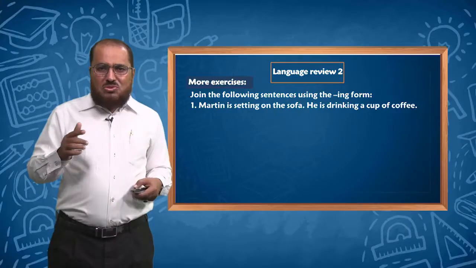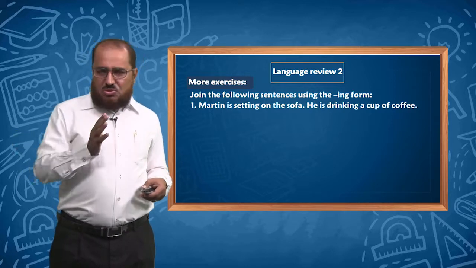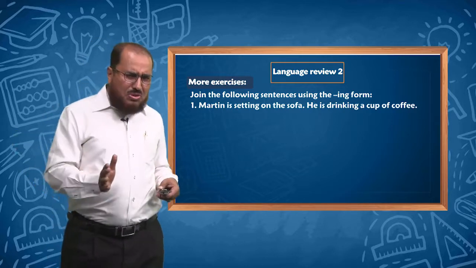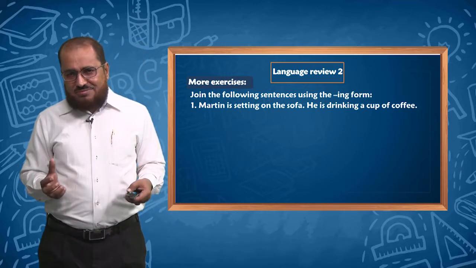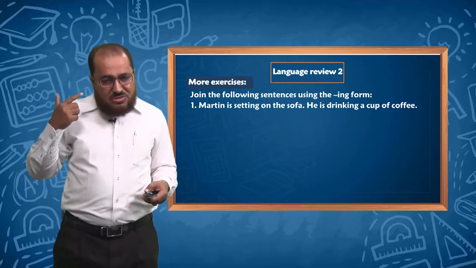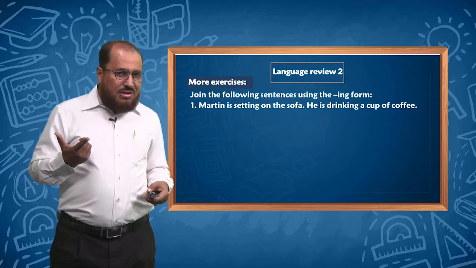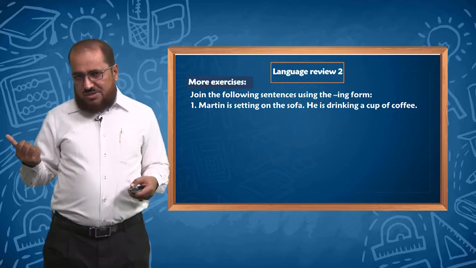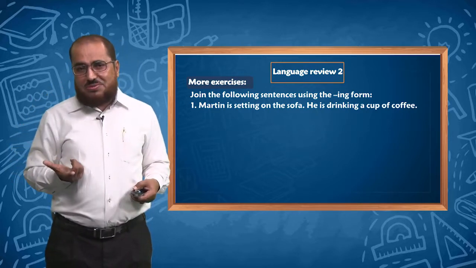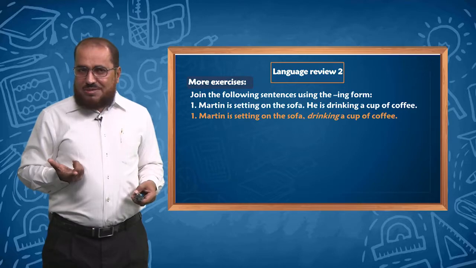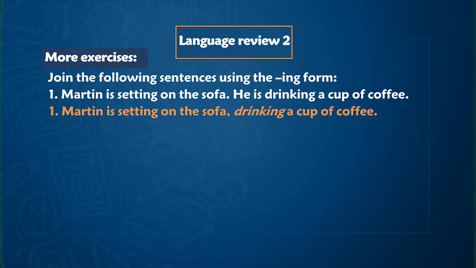I want you to skip this pause to avoid pausing in your description and make the picture more active, and make the reader's imagination active too, and let the reader imagine as if he's watching a video. It will be: Martin is sitting on the sofa drinking a cup of tea. Okay? Martin is sitting on the sofa drinking a cup of tea.